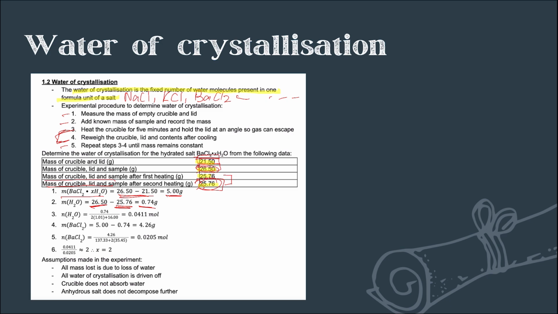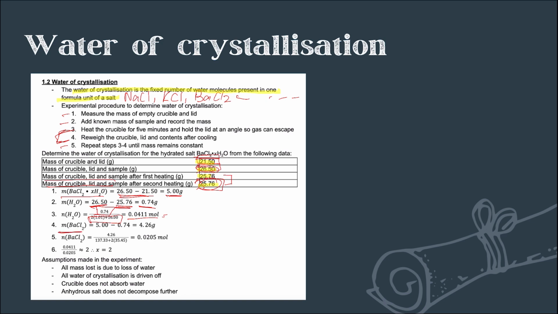We can convert that into moles by taking 0.74 divided by the molar mass of water, which is roughly 18.01. Then we get the moles: 0.0411. We can then get the mass of the salt on its own.